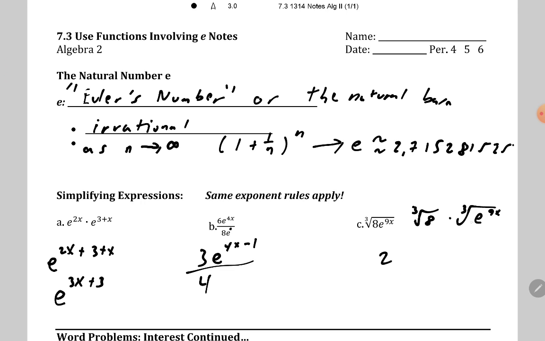And remember, we can change cube roots into fractions, so this is e to the 9x to the 1/3. That means the cube root. Exponent to exponent means you multiply, so 2 times e to the 9x times 1/3. So we get 2e to the 3x.